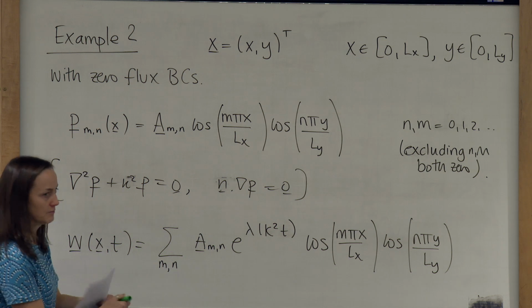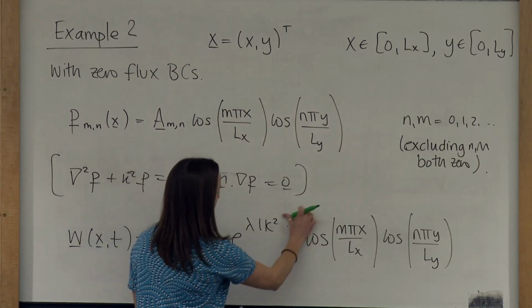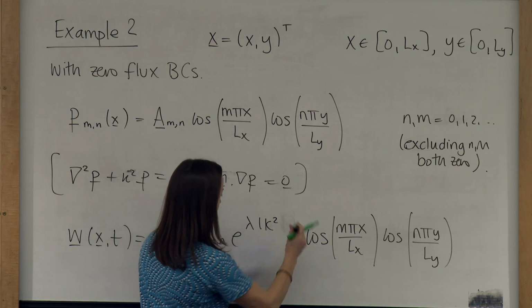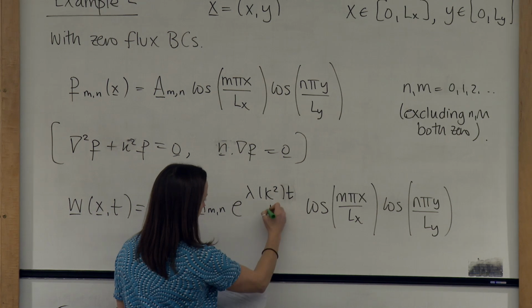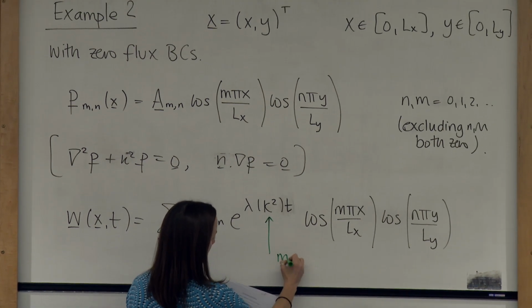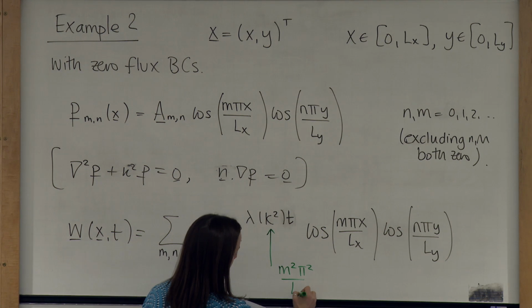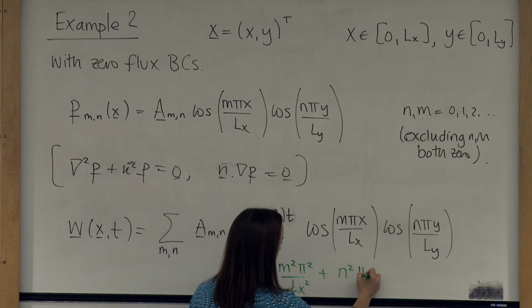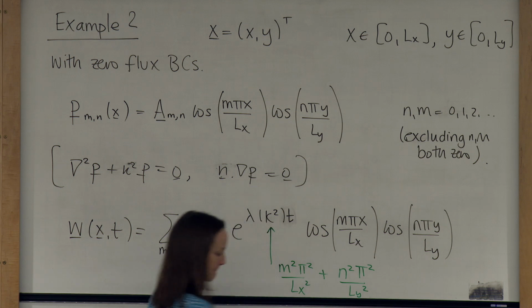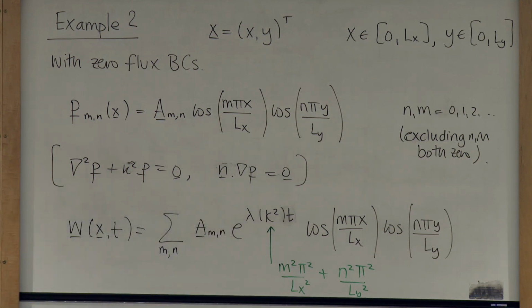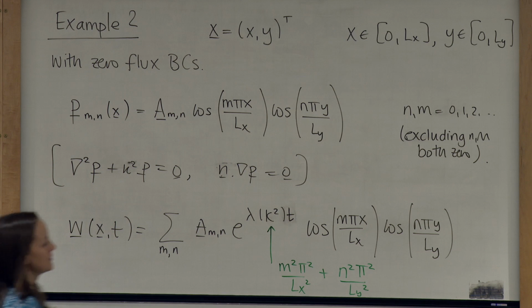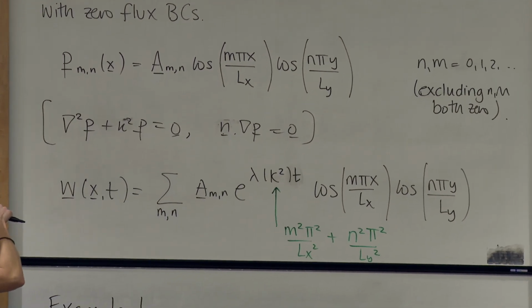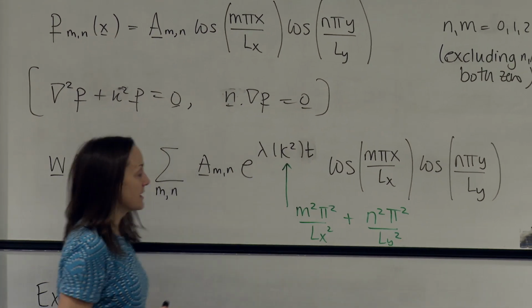The important bit is that our k squared in here is m squared pi squared on Lx squared plus n squared pi squared on Ly squared. So we've got exactly the same thing as before, except a slightly different definition for our k.